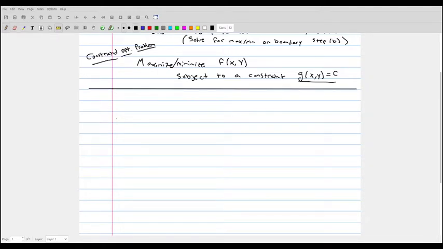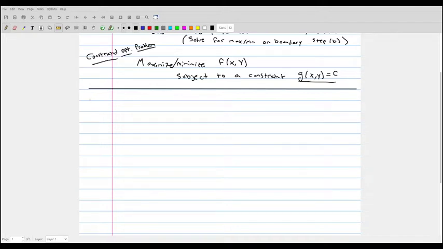Now, we already know how to solve an unconstrained optimization problem, so an optimization problem without a constraint at all. And the key trick in the Lagrange multiplier method is to turn our constrained optimization problem into an unconstrained optimization problem by introducing a new variable. This new variable we call a Lagrange multiplier.